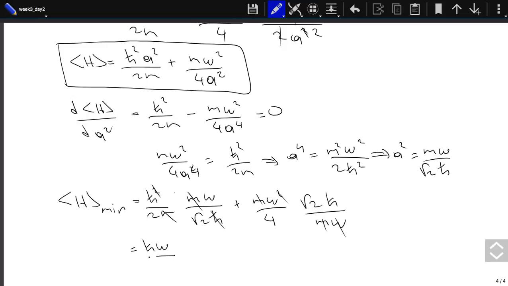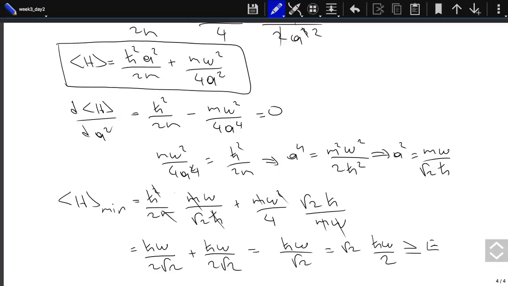So we have h bar omega over 2 square root of 2 plus h bar omega over 2 square root of 2. H bar omega over square root of 2, or square root of 2 h bar omega over 2. It's just 50% larger. Again, the condition is satisfied. This is larger than or equal to the energy of the ground state.